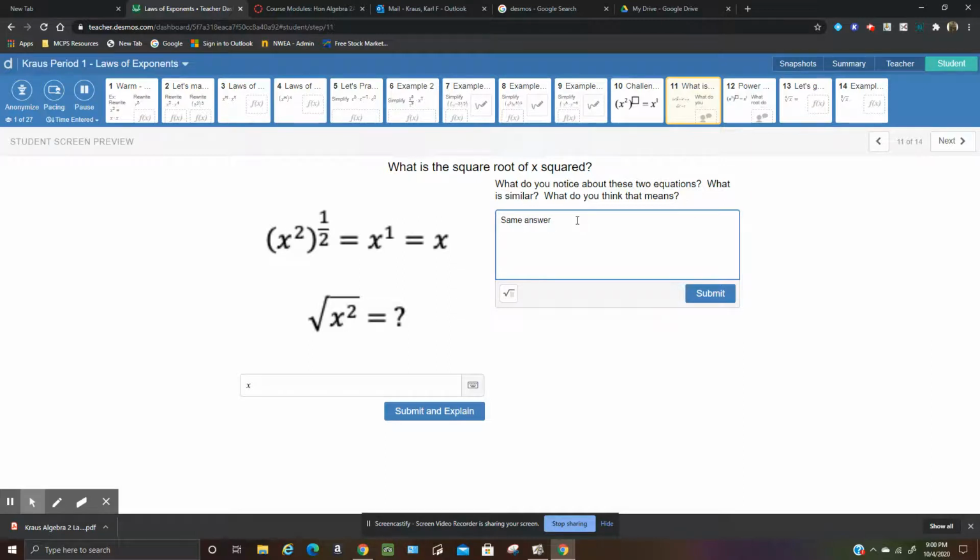The same exponents multiplied in a different order.